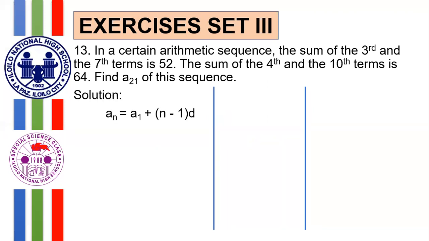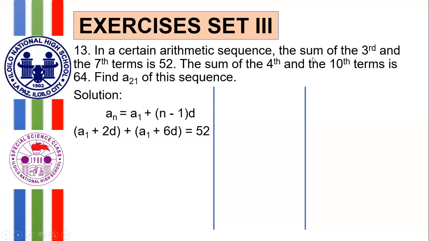Using the explicit form of the sequence, a sub n equals a sub 1 plus n minus 1 times d, we know that the sum of the third term and the seventh term is 52. We don't know what the third term is, but if we substitute n by 3, it will simplify to a sub 1 plus 2d. A sub 1 plus 2d is the third term.